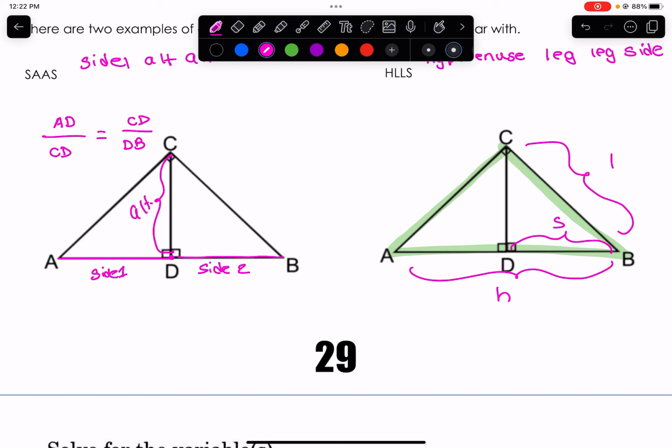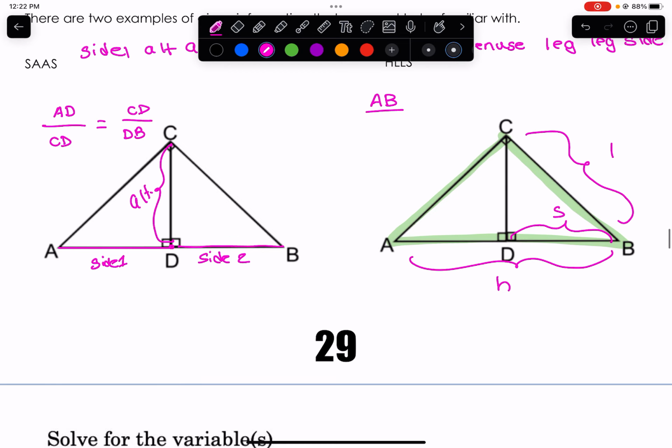So I'm able to say that my hypotenuse AB over my leg, which is BC, is going to be equal to BC over side DB. You also could have done AD as well. So these are the two different proportions that we're going to be using to set up some of these problems.